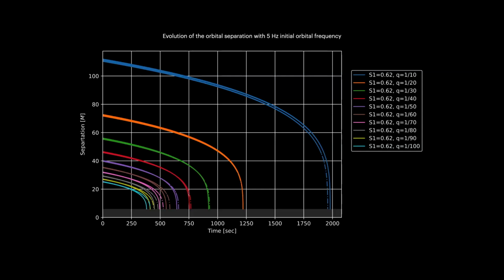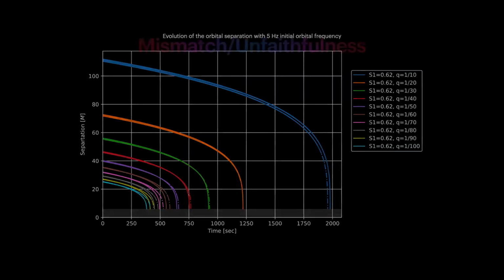But we see how they move away from each other as we grow the mass ratio between the two masses. With this, we have the windows where we will measure how similar the gravitational waves generated by the two codes are.